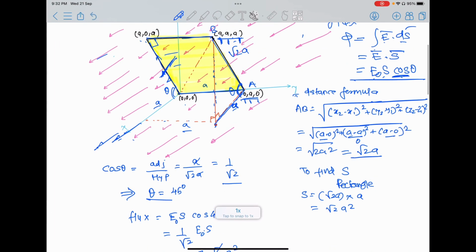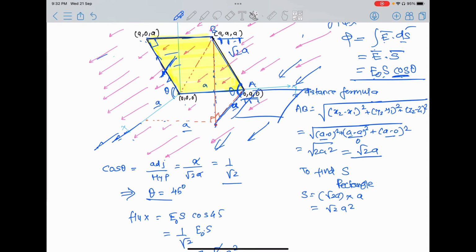And what is the minimum flux? To calculate the minimum flux, we will just put this rectangle down in the XY plane, so that the electric lines do not cross this area. Since it will be in the XY plane like this, and the electric lines are like this, they are parallel to the surface, or perpendicular to the area vector.